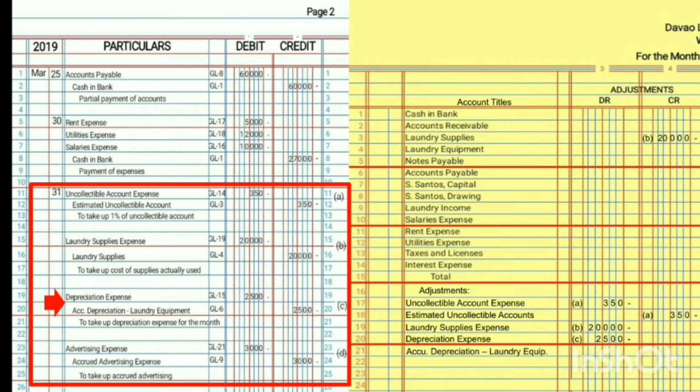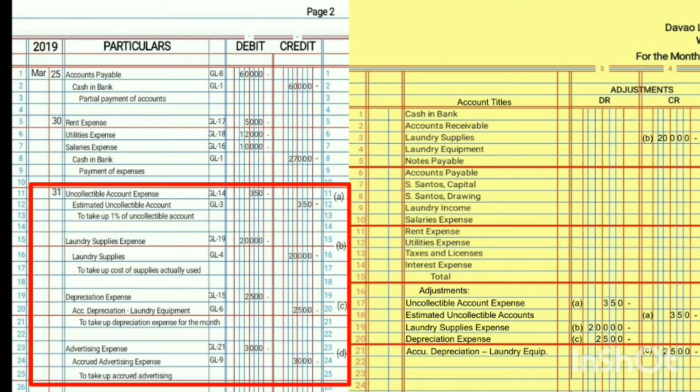And then, the amount of the adjustment is 2,500 pesos credit. So, we're going to write 2,500 here in the credit column. And then do not forget to write a letter C because this is adjusting entry letter C. And then let's move on to the last adjusting entry.